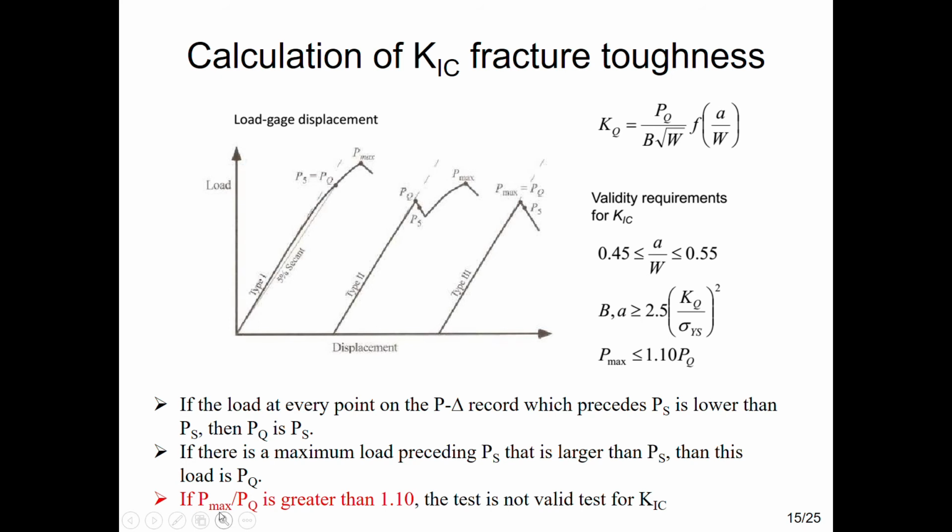If Pmax divided by PQ, this ratio, is greater than 1.10, the test is not a valid test for calculating the fracture toughness, K1C. So this is the requirement for you to obtain the fracture toughness.